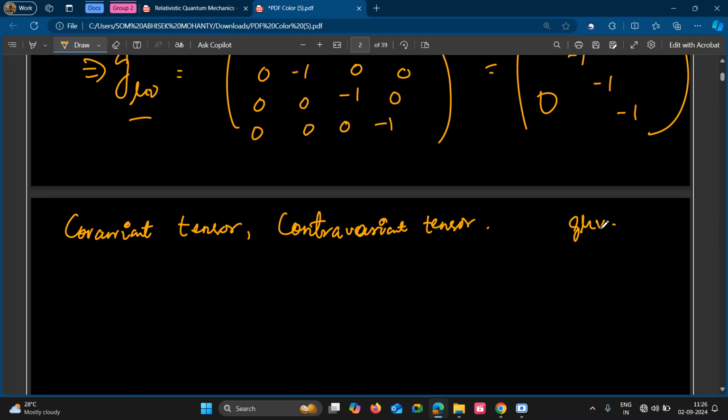Now, the length of the vector can also be written like this: ds2. This is not read as ds square. ds2 is dx dot dx, like the product of the vectors.